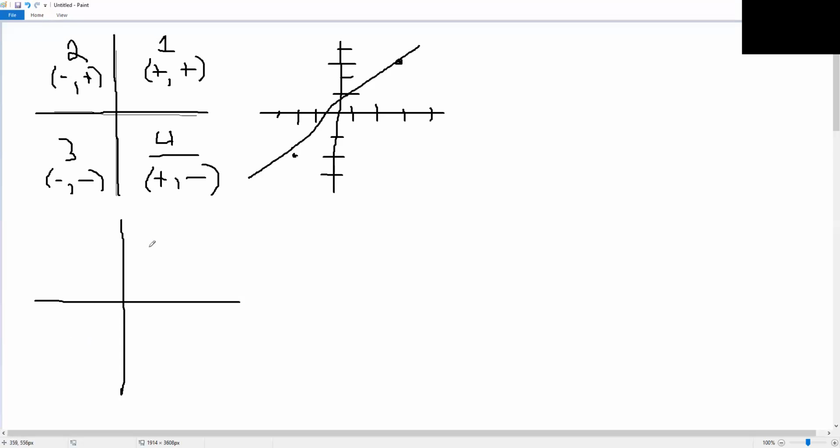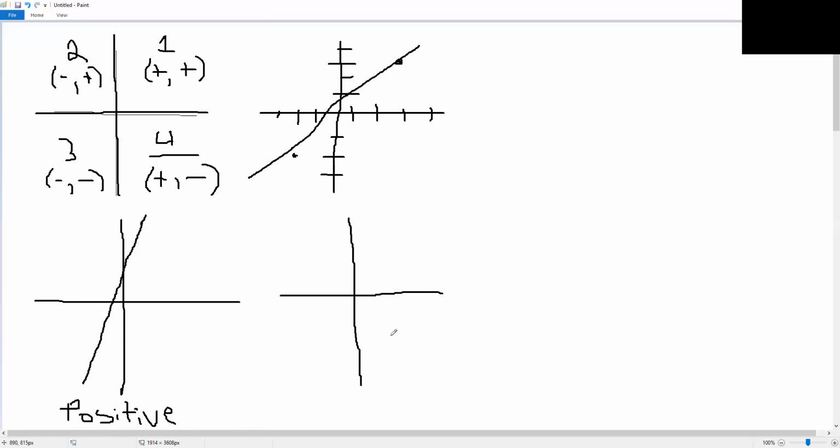So something that goes this way, the line leans to the right, is a positive slope. And if you have another one that goes the other way, leans to the left, that is a negative slope.